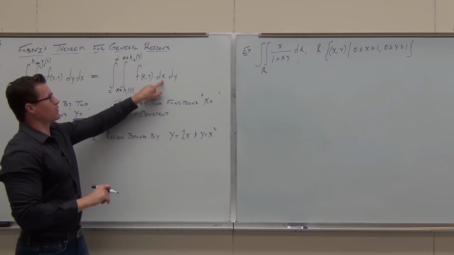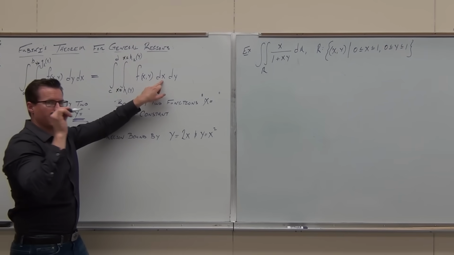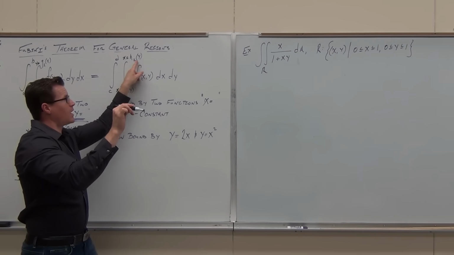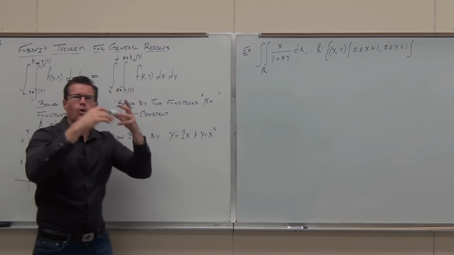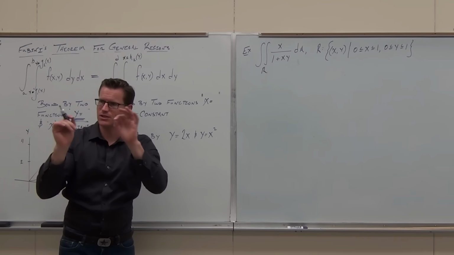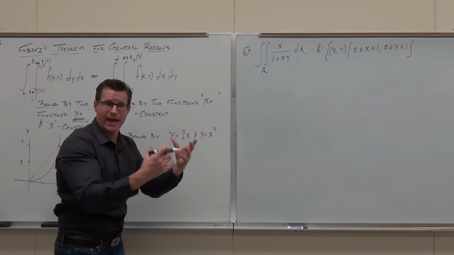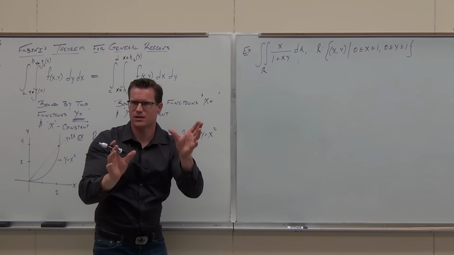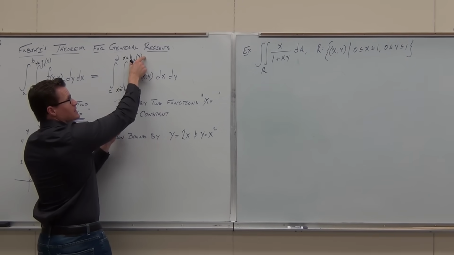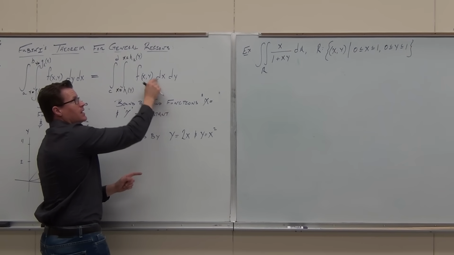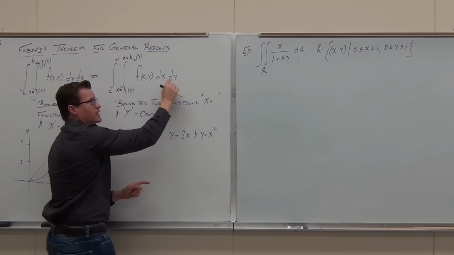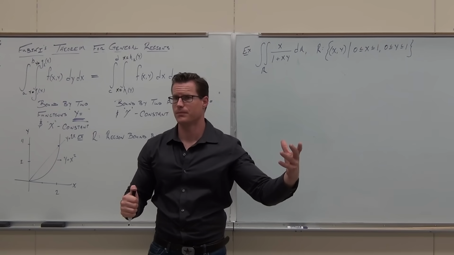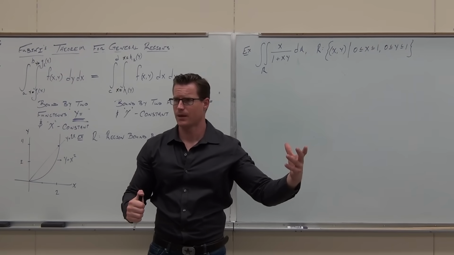So we go along the x-axis, between two functions, x equals a function of y. Why do they have to be x equals a function of y? Well, then these will all be a whole bunch of stuff with y's in them. So when I substitute this in for the x's I'm about to create, it's going to create everything in terms of the variable y. And then I can go ahead and integrate again. Does that make sense to you on that one?